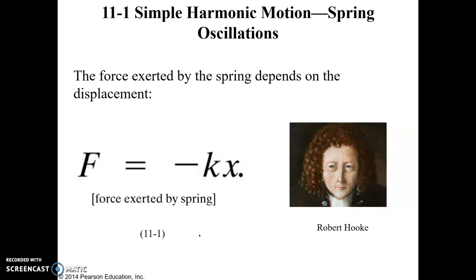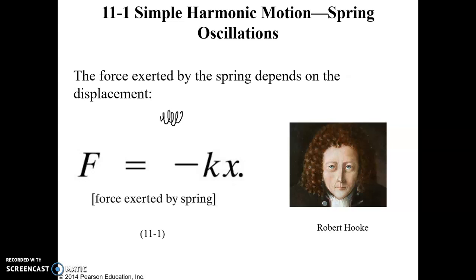Whenever we're talking about springs, we're talking about our old friend Robert Hooke, Isaac Newton's enemy. Robert Hooke investigated springs and came up with this relationship: the force required to stretch a spring is equal to negative kx, where x is the distance from the point where the spring is in its relaxed state.